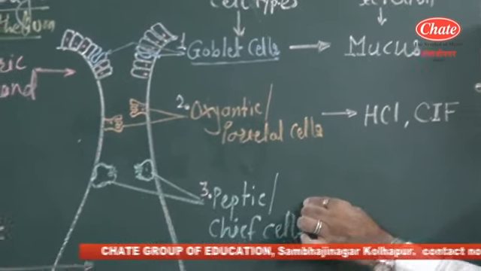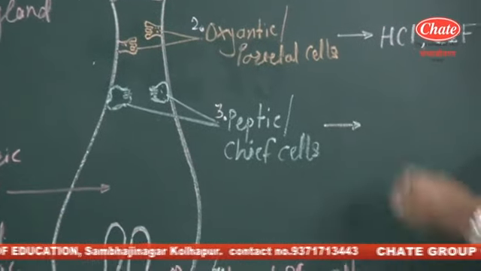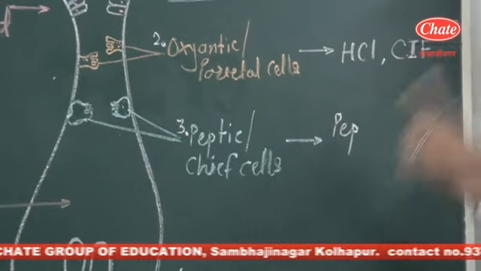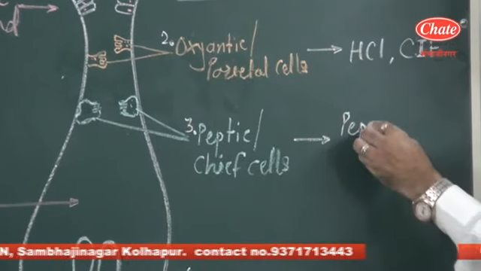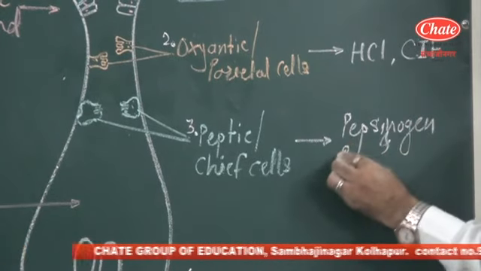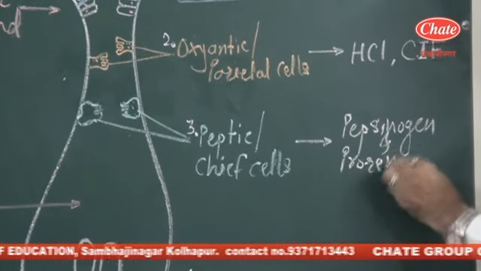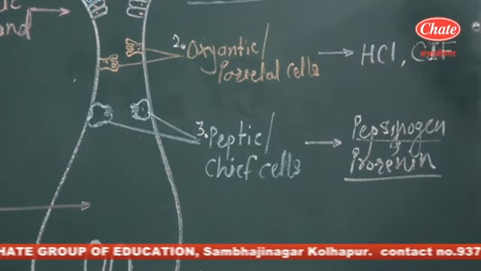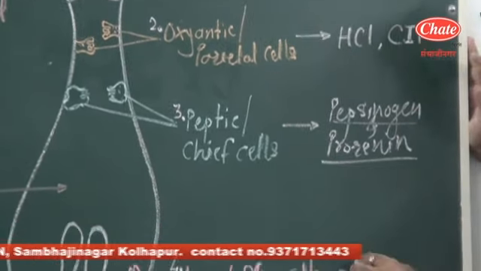Then peptic cell or chief cell secretes inactive protein digesting enzymes, that is pepsinogen and prorenin.